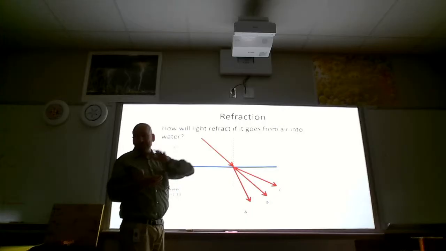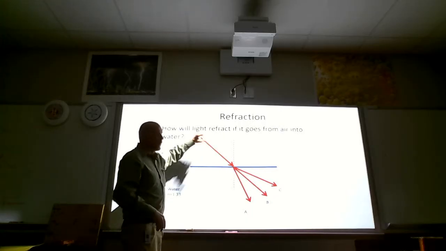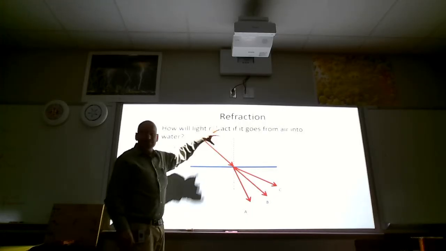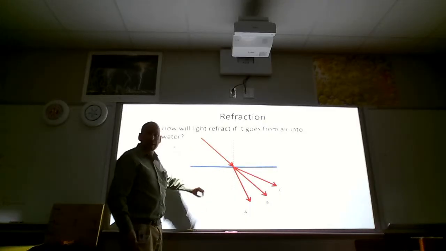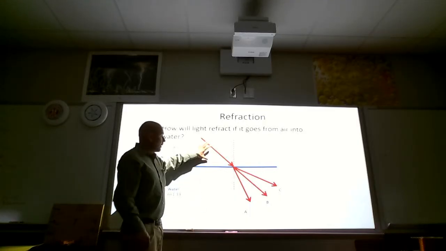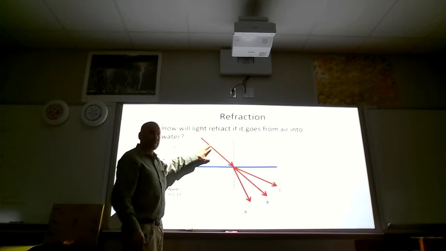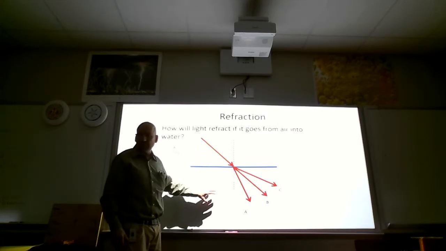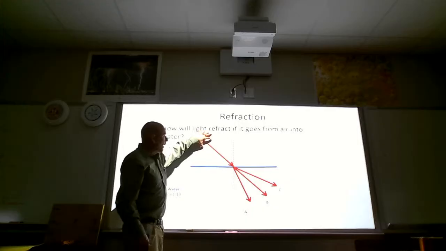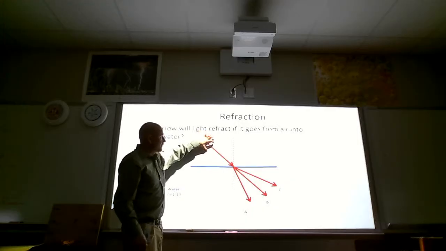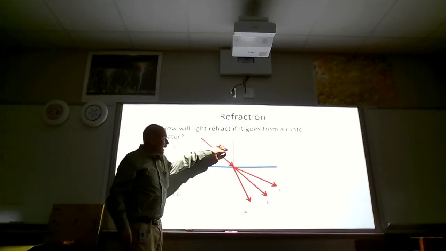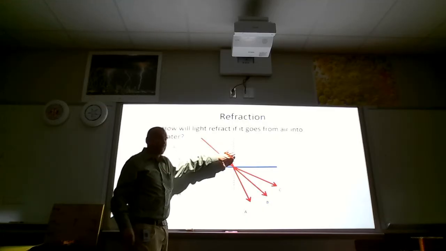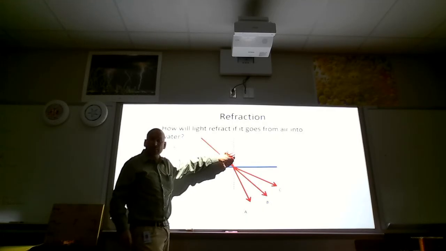Here's an analogy. You're in a wheelchair. Air is sidewalk, water is grass. A wheelchair can travel faster on a sidewalk than in grass. Are you right with that? Okay. I'm rolling. These are my two wheels, and we're looking down from above. As this wheel goes off the sidewalk into the grass first, what happens to its speed?